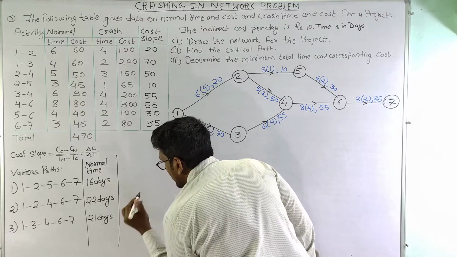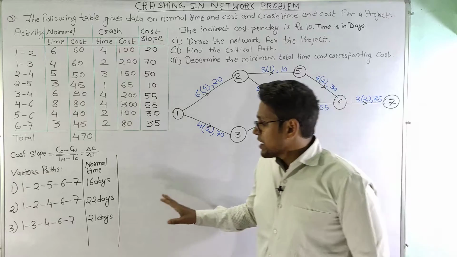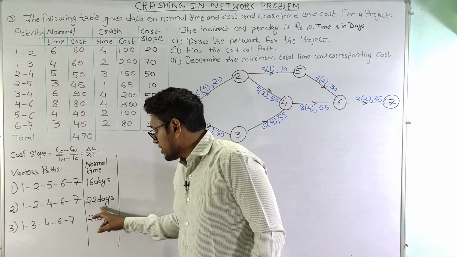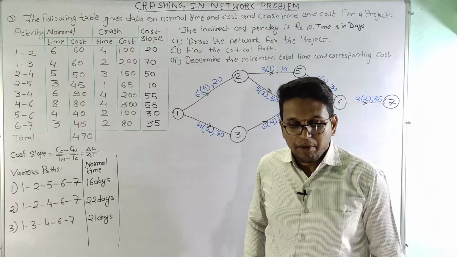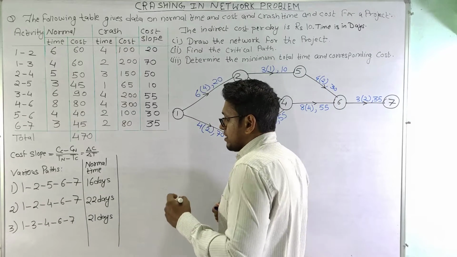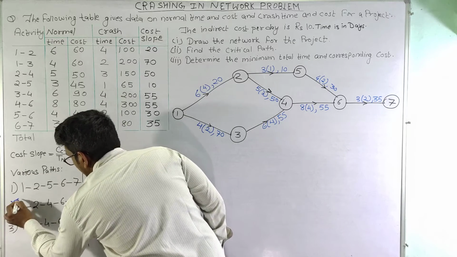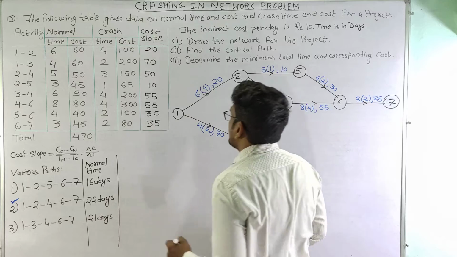Now among these we can see that the path which is having the maximum duration is the critical path. So we can easily understand that this second path is the critical path for this particular network. So this is the critical path.